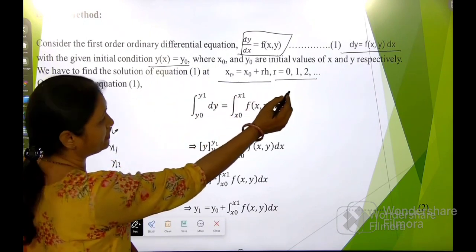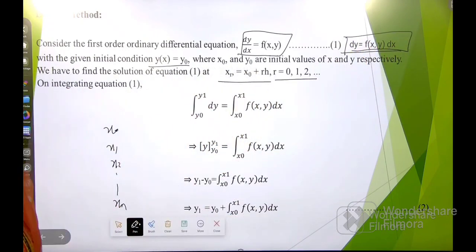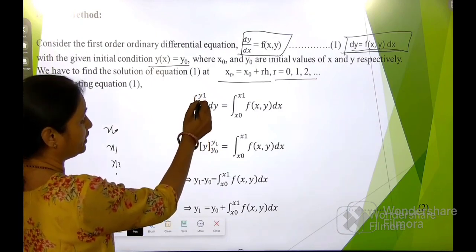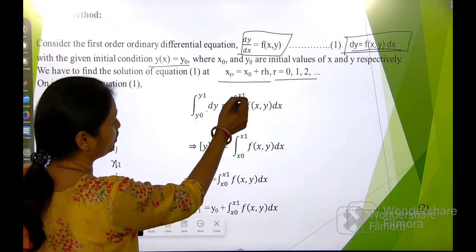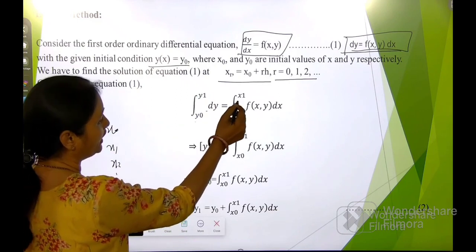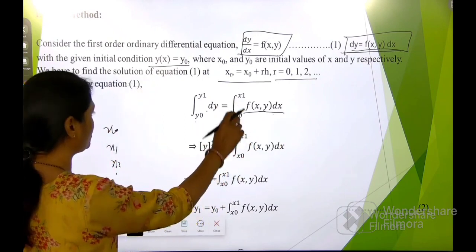Now integrating equation 1, we integrate dy is equal to f of x comma y into dx. So integrating, the limit on the left is y0 to y1, and on the right the limit is x0 to x1. So integration of dy from y0 to y1 equals integration of f of x comma y dx from x0 to x1.